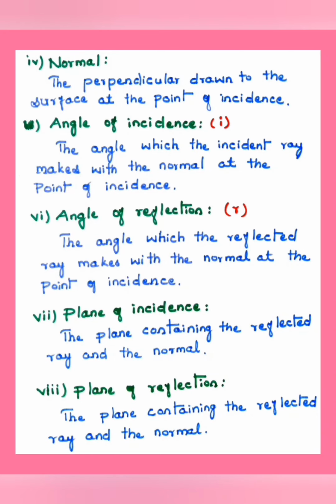Next is plane of incidence. The plane containing the incident ray and normal is called the plane of incidence. Meanwhile, we'll check out plane of reflection also. The plane containing the reflected ray and normal is known as the plane of reflection.